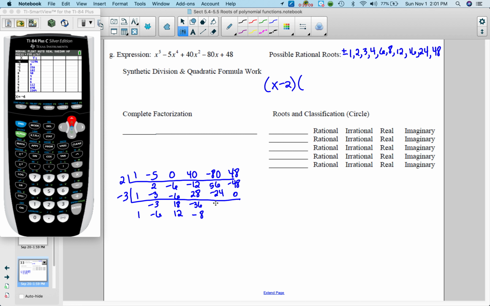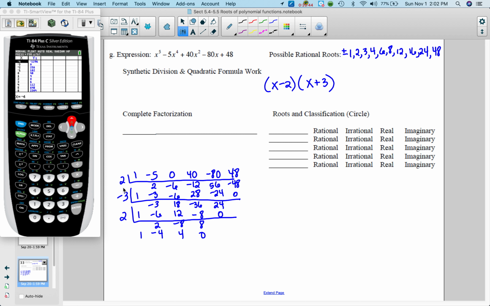Okay, so we know x plus 3 is a factor, but now the problem is this is just a cubic, and if you look through the list, there's no others, which means my only hope then is that either the 2 or the -3 is going to work. So we're going to just try it. So I'm going to try a 2 and hope it works.